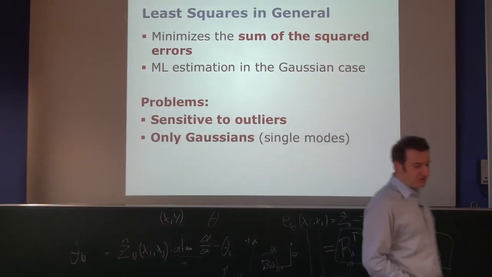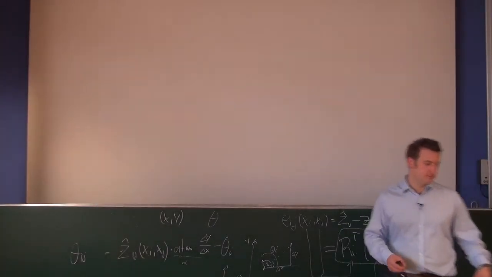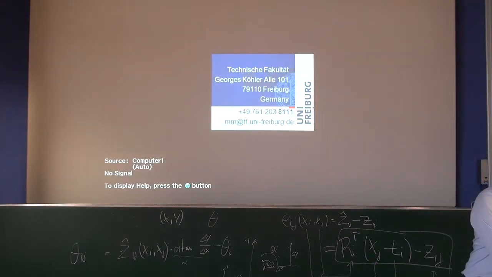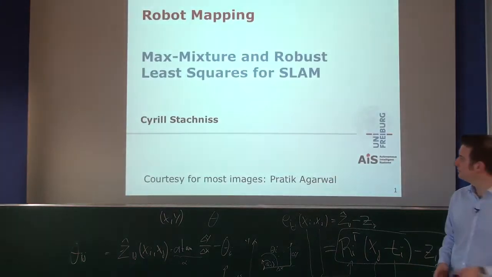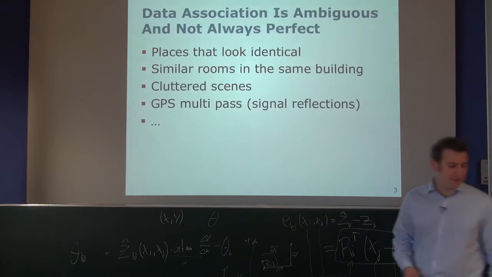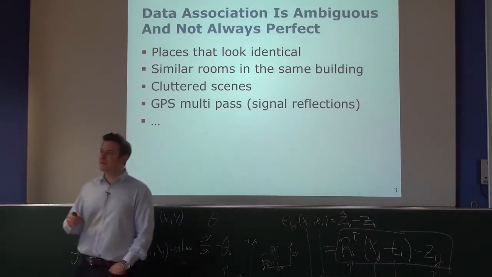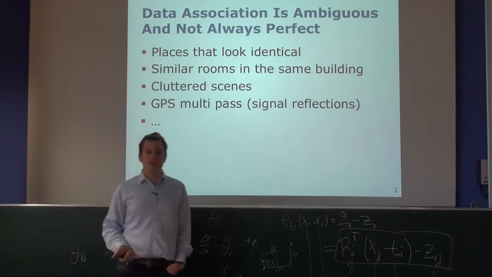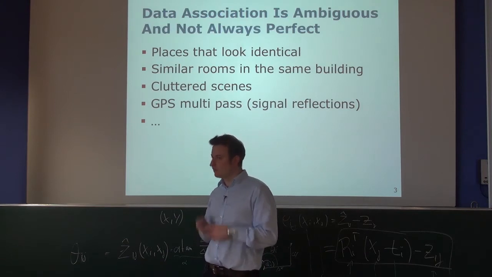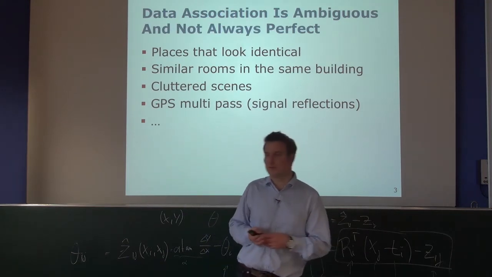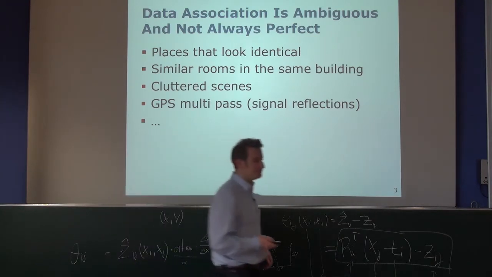What I want to talk about today are ways of doing that: first, being able to integrate multimodal distributions, and second, having the ability to deal with outliers. So given that a certain number of constraints are outliers, how can we fix this problem?